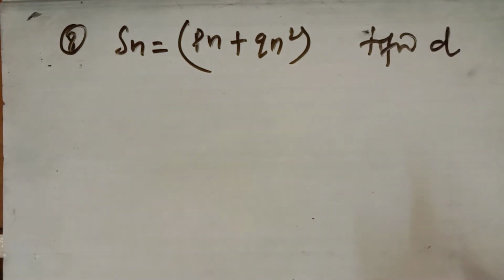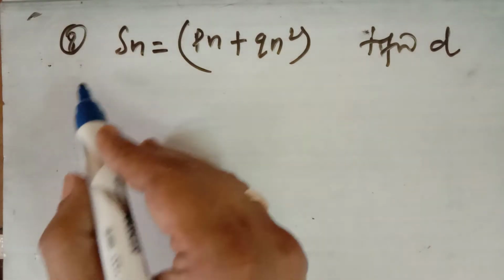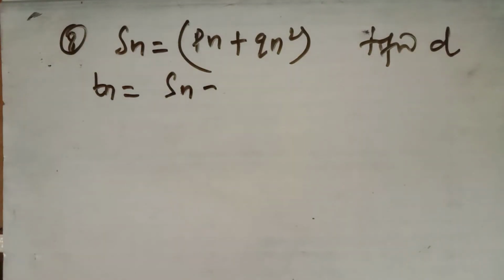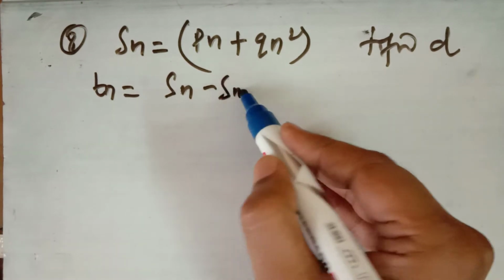Now to find the common difference, first of all we must know the nth term. To find the nth term, you know that it is equal to Sn minus S(n minus 1).